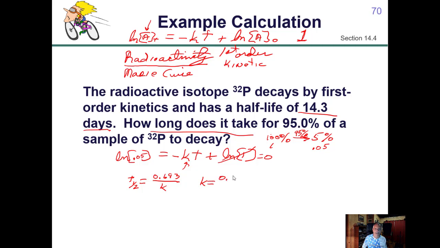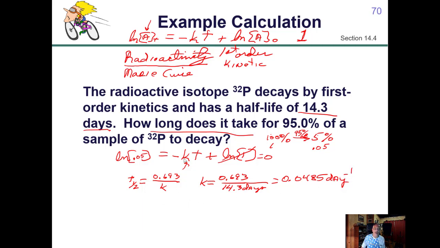So k is 0.693 divided by 14.3 days, and that gives me 1 over time, which are the units on my half-life equation. When I plug that into my calculator, I wind up with 0.0485 per day, which is days to the minus 1.